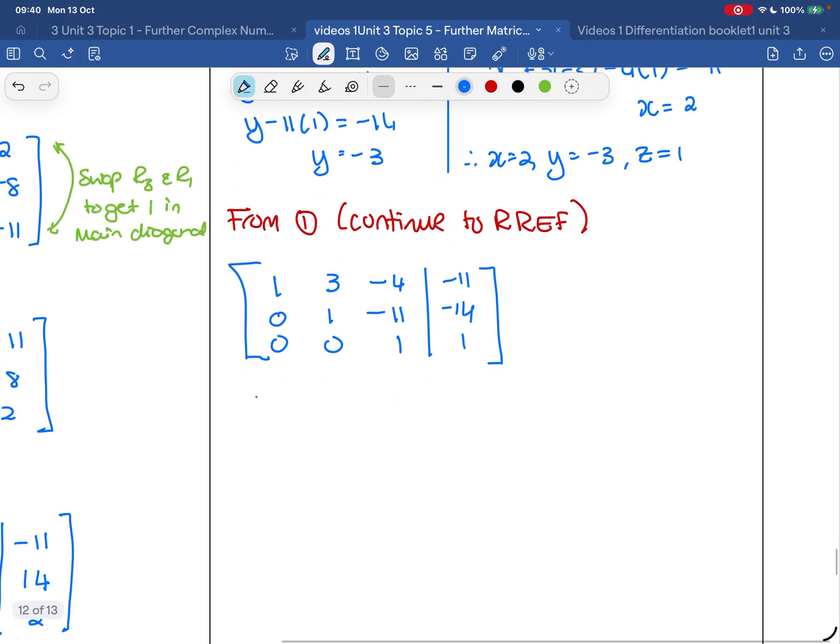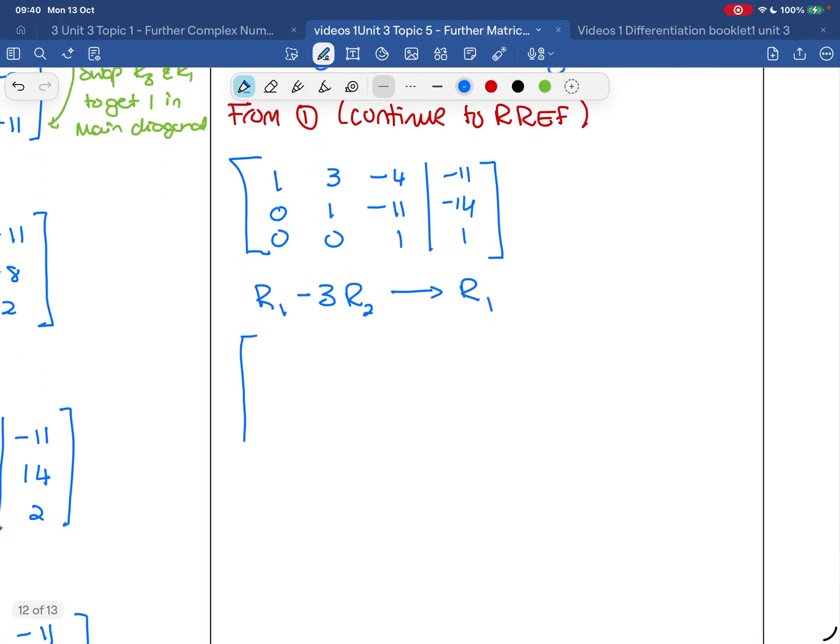Okay, so we're going to say, well, row 1 minus 3 row 2, and I'm popping it into row 1, and that then gives me 1, 0, 4 minus 3 times negative 11, so that's going to be positive 33, minus 4 is positive 29, and negative 11 minus 3 times negative 14 gives me negative 11 plus 42, and that gives me 31.